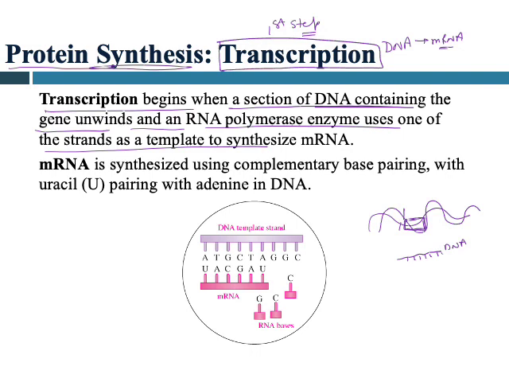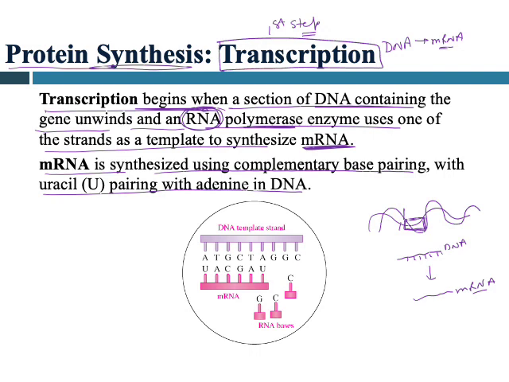In this case we are making mRNA, so we use RNA polymerase. To make an mRNA molecule from DNA, we use RNA polymerase. mRNA is synthesized using complementary base pairing, with uracil pairing with adenine in DNA.